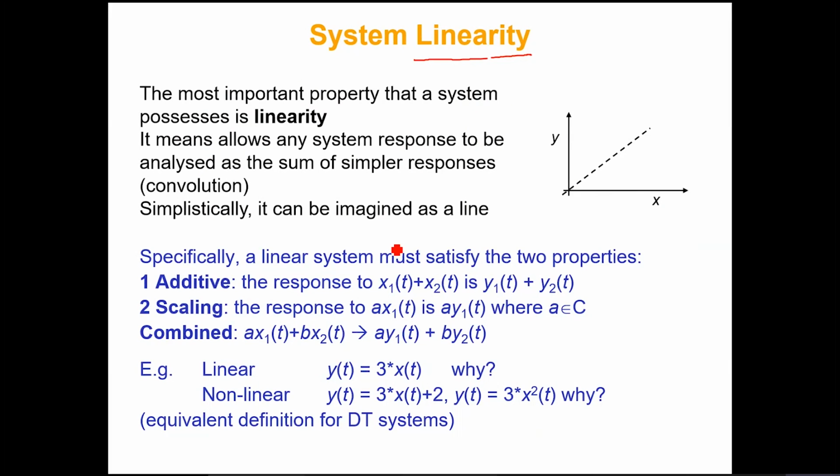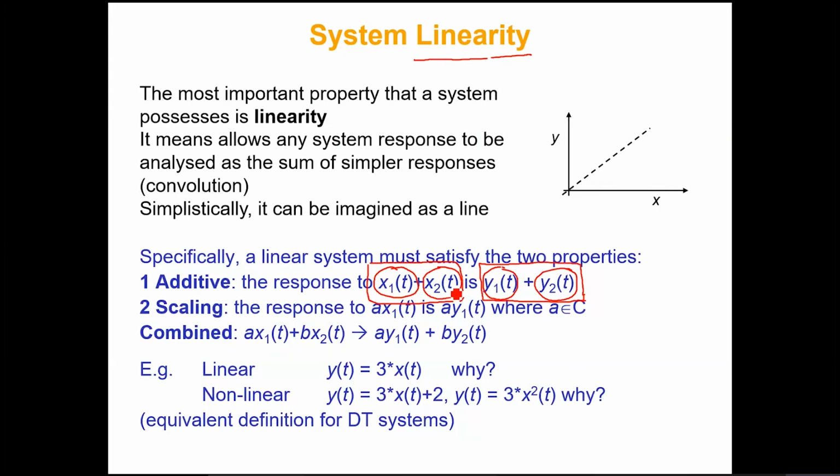Basically, it means that if you give x1 as an input and the output is y1, and when we give x2 as an input the output is y2, then for the same system, if we sum these inputs together and give that as an input, the output should also be the sum of their individual outputs. If that happens, then we say we have a linear system.